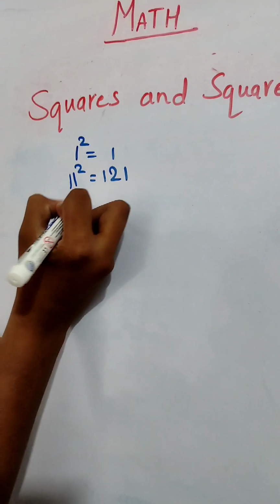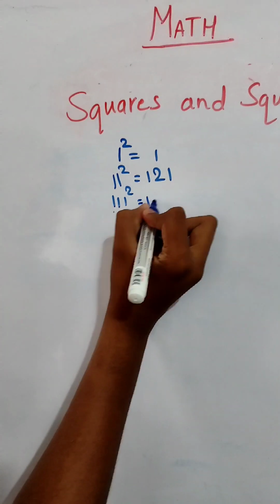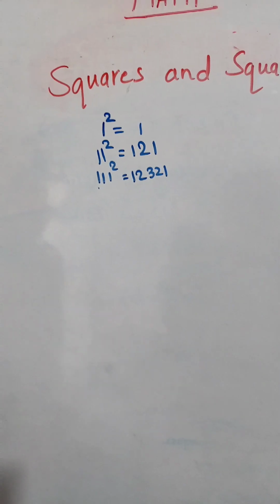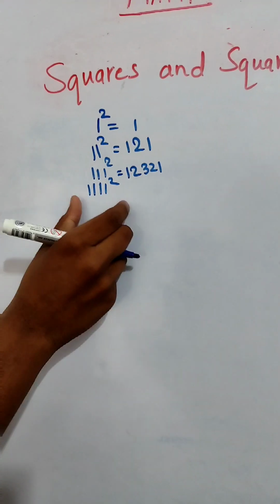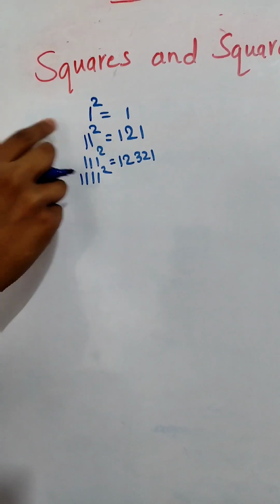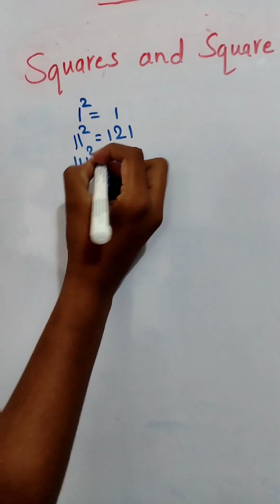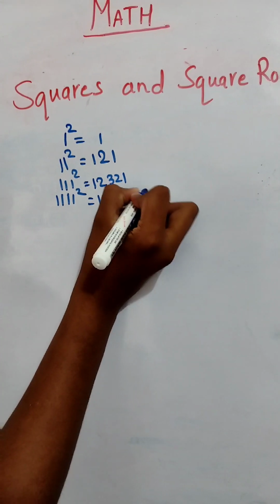By adding another 1, making it 111, we get 1, 2, 3, 2, 1. So we can see that however many more ones we add, we count up to that number and then count back down.